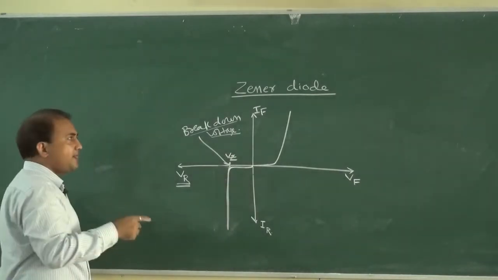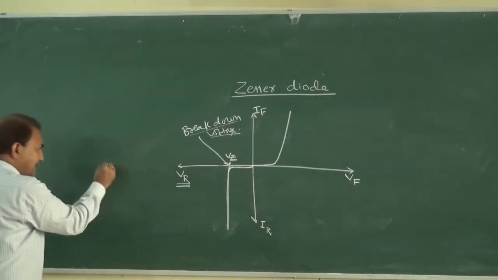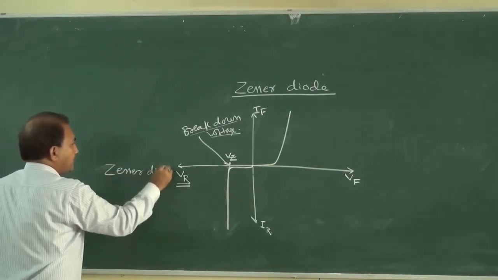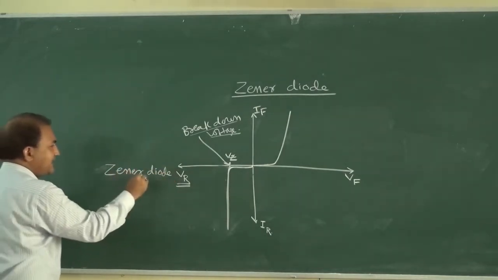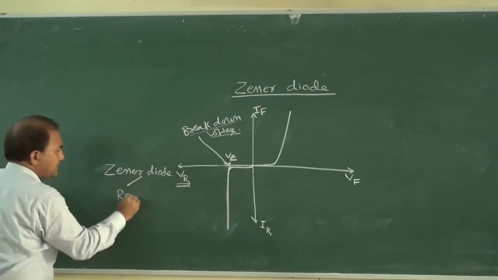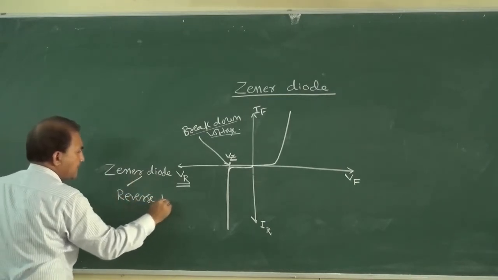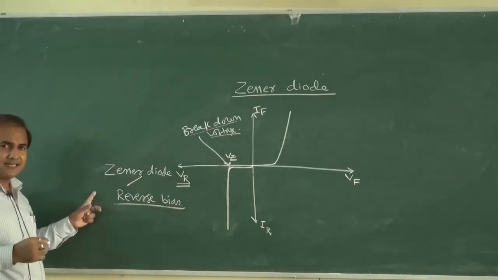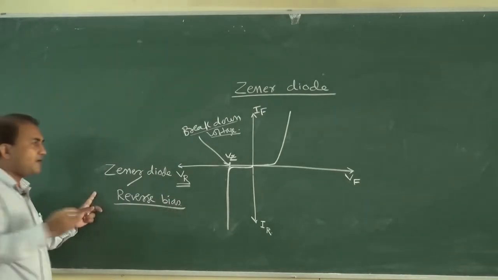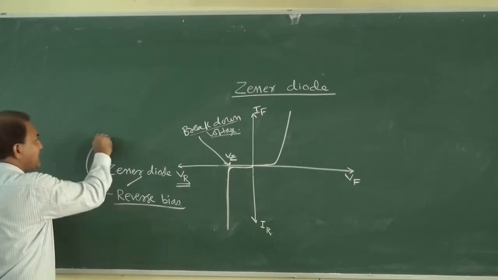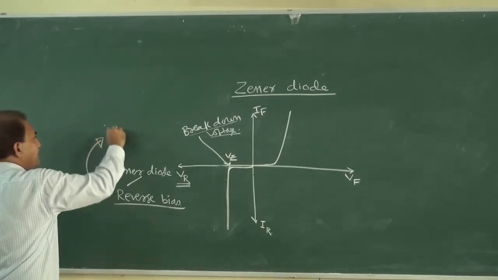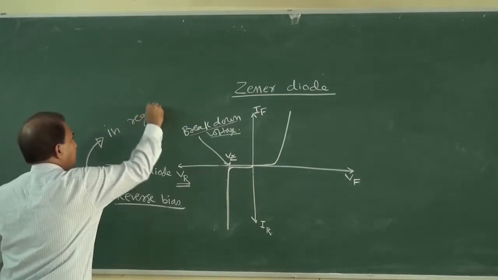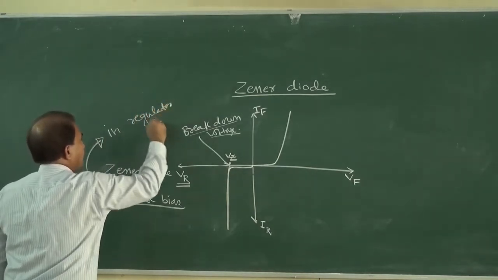So generally, a Zener diode is used in reverse bias. Why is it generally used in reverse bias? For making the Zener diode work as a regulator.